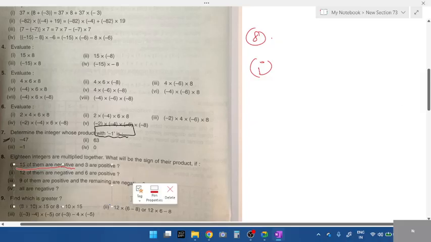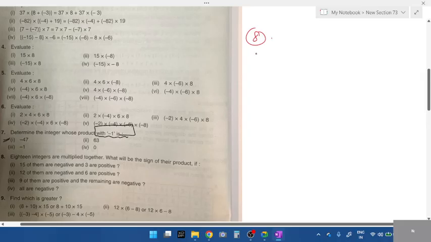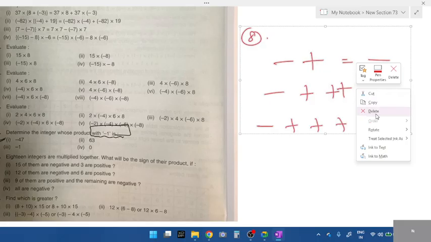Tell me the second one. 12 of them. Positive you just ignore. See, if I write plus into minus into plus, what's the answer? If I take minus into plus into plus into plus, what are we getting? We still get minus. You take minus and add n number of positives, it's not going to change. So positive doesn't make any difference here.